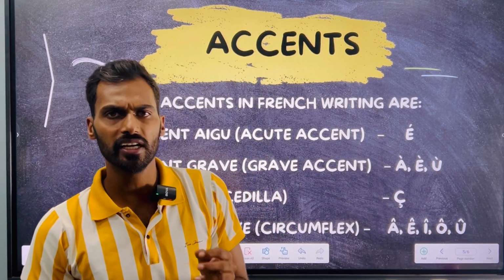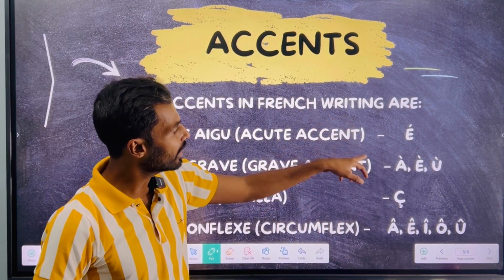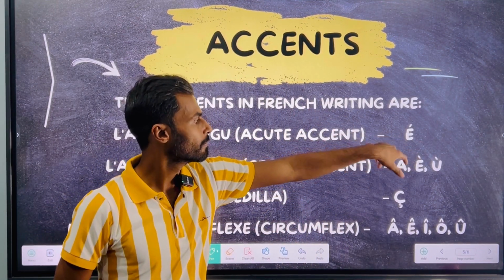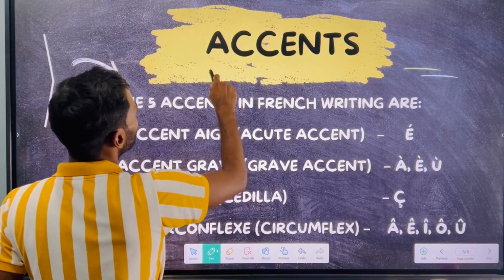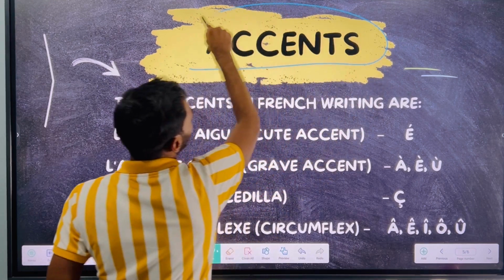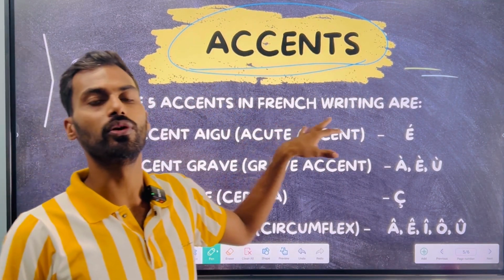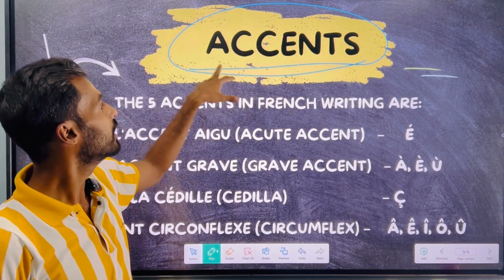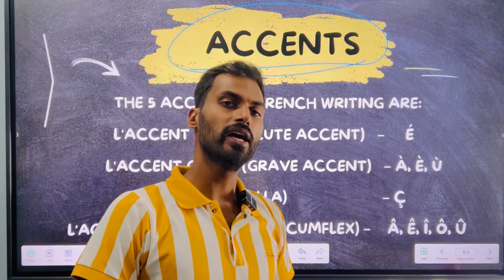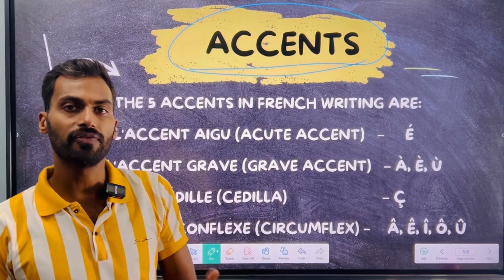Even if you have not studied French, if you have studied any foreign language, you would have seen these accents. What does this accent mean? First of all, you must know the meaning of the word accent. It is the way of pronouncing the words, how we pronounce.